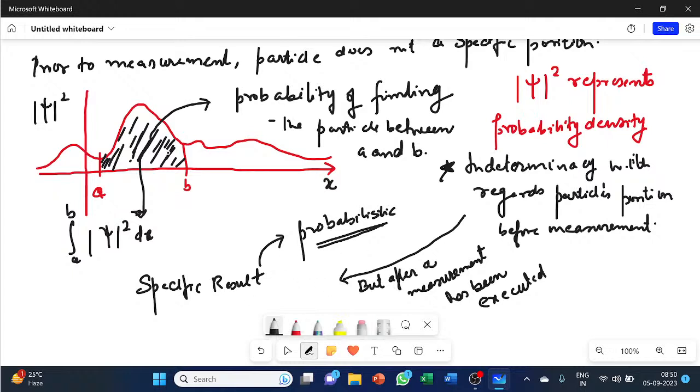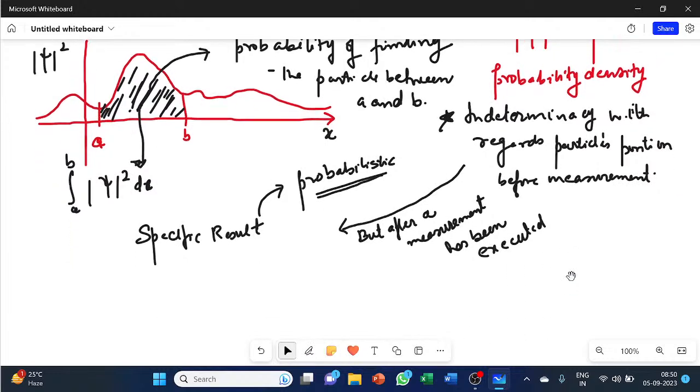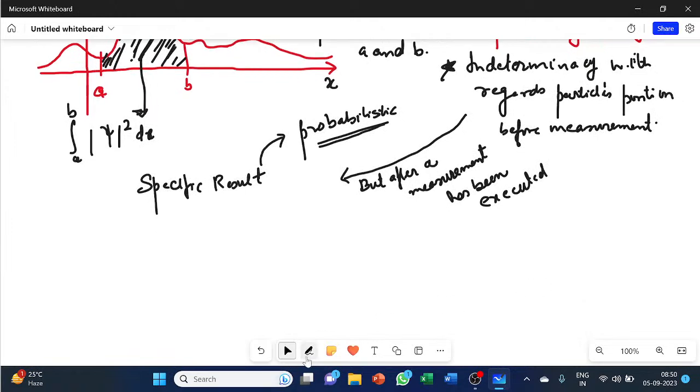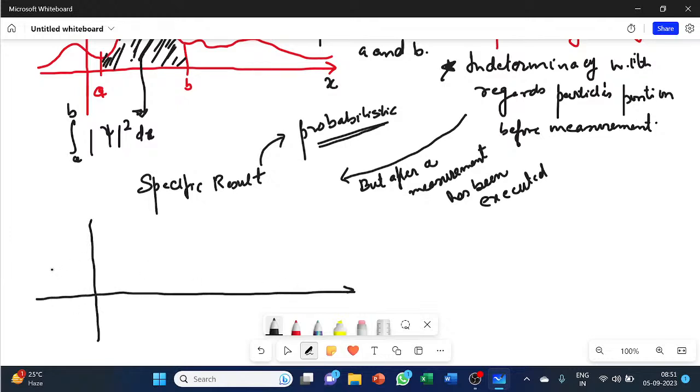Okay. Now, let's say I make a certain measurement. I am very sure that my particle has been represented by a wave function, and let's say the wave function is like this only. Let's say it is the way I'm making it, so the same I'm going to trace.